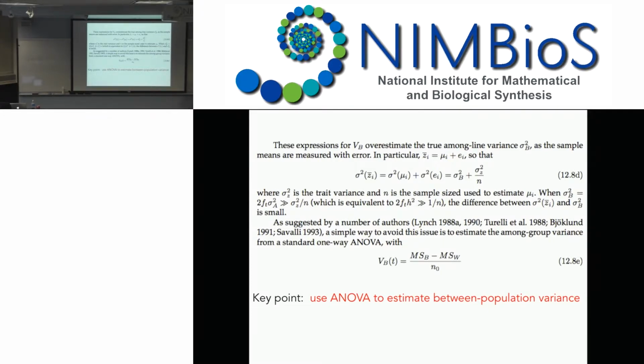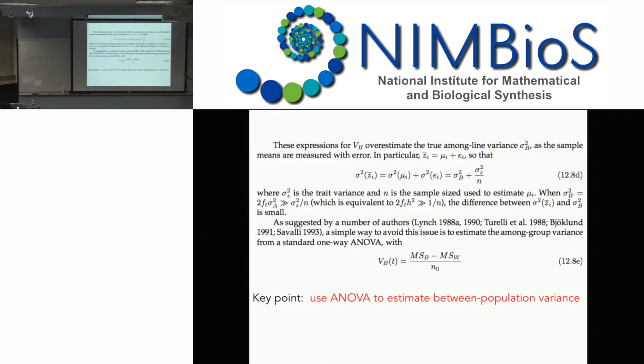So the way you get around this is the standard analysis of variance. So a one-way analysis of variance, I have several things I measure with replicate measurements. I can compute a mean squares between and a mean squares within. The mean squares within basically is the sum of the individual observations minus their specific means. The mean squared between is basically this expression here. And then I can adjust for that, and then I can get a clean estimate of that.